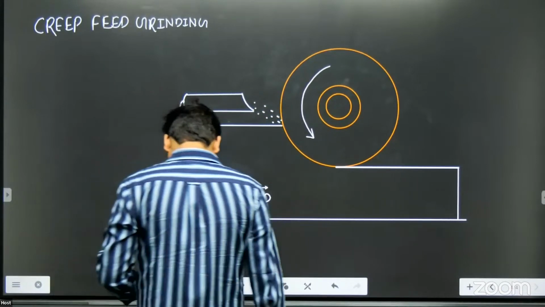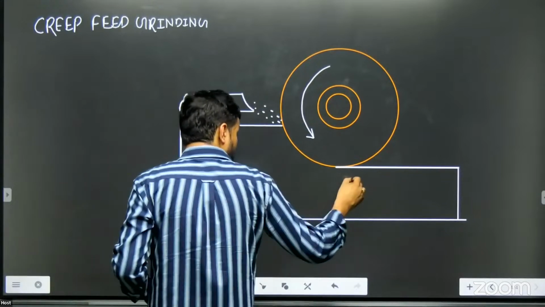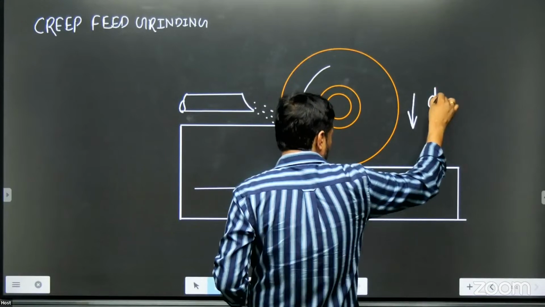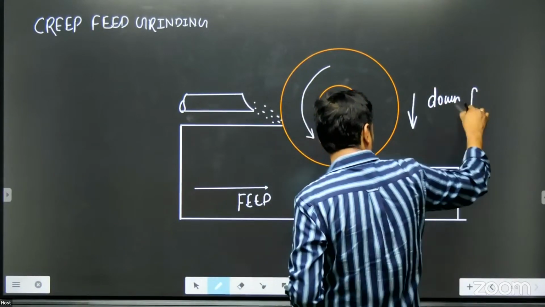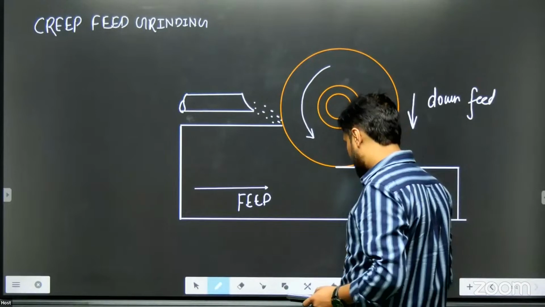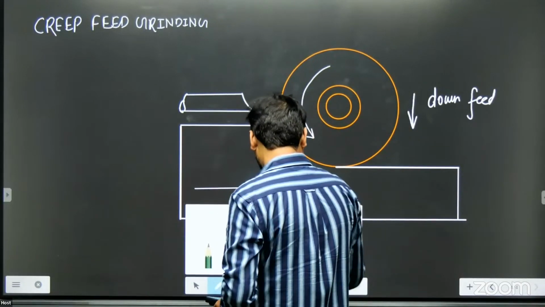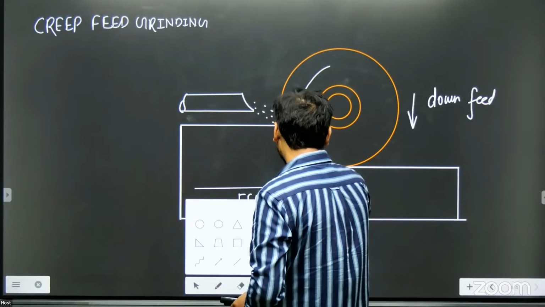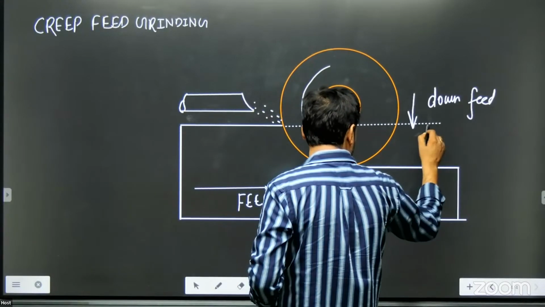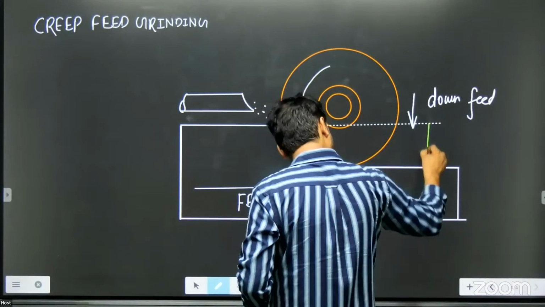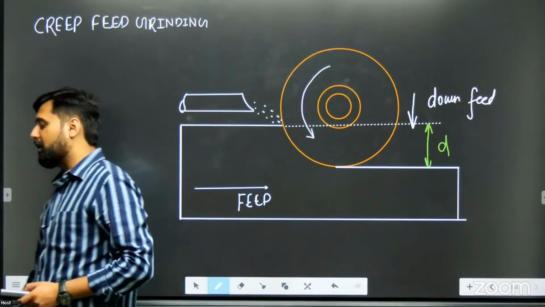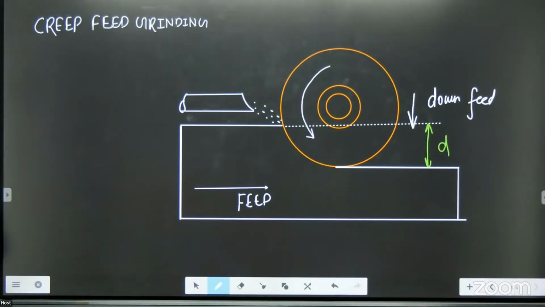So the feed will be there in this direction called down feed. It's basically kind of like the depth of cut that you are getting because of this. This down feed will be such high that you will get very large depth of cut through grinding in a single pass. Yes.